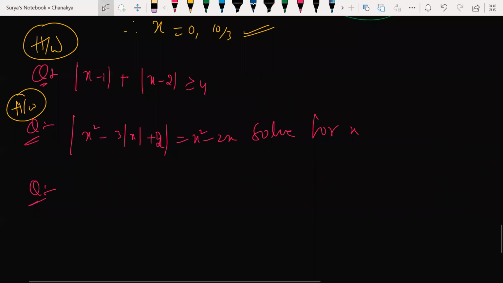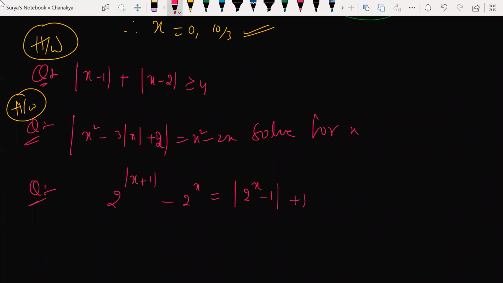Next, I'll give one more question. 2 to the power of modulus of x plus 1 minus 2 to the power of x. Beautiful question. These two questions are very, very good questions. Okay. Next. 2 to the power of x is equal to 2 to the power of x minus 1 plus 1. Cool.